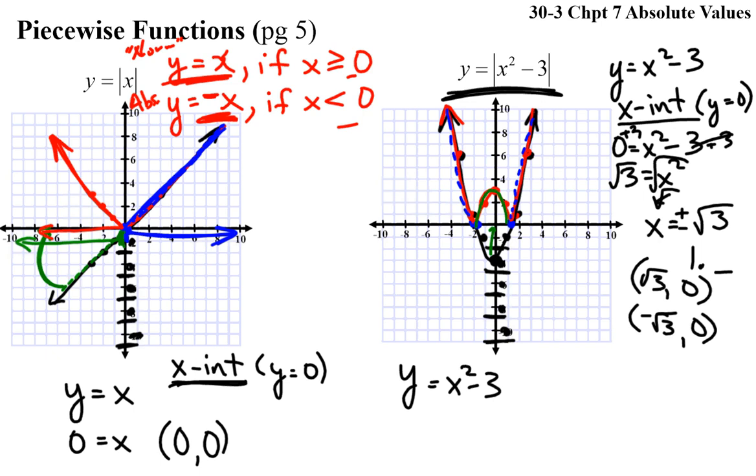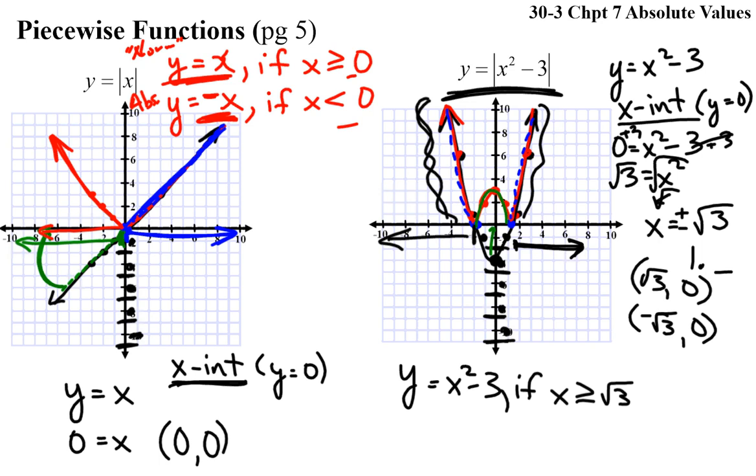So the normal part of the graph occurred there, if x was bigger than or equal to root 3. But the graph was also normal in this part. This part didn't change by the absolute, and so it also worked when x was less than or equal to negative root 3.